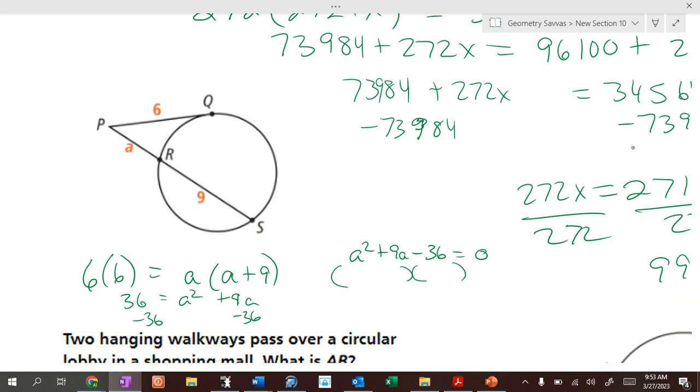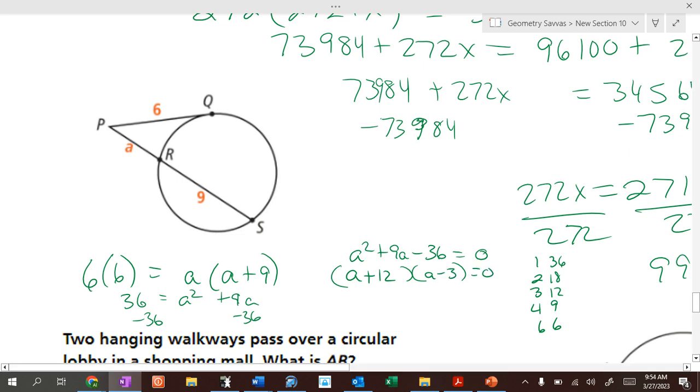We have to factor. Okay, what two numbers multiply to be 36 that have a difference of 9? What multiplies to be 36? 1 and 36, 2 and 18, 3 and 12, 4 and 9, 6 and 6. Which of these have a difference of 9? 3 and 12. So it's A plus 12, A minus 3.